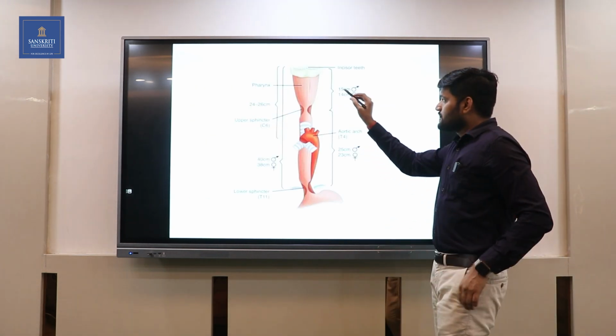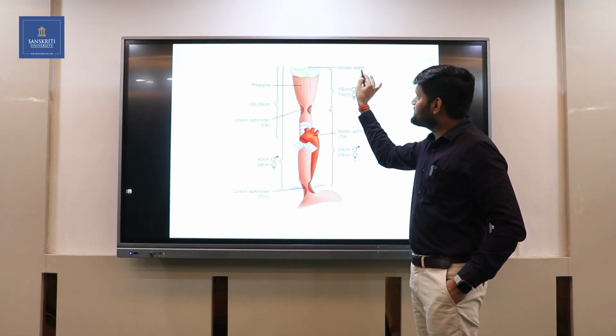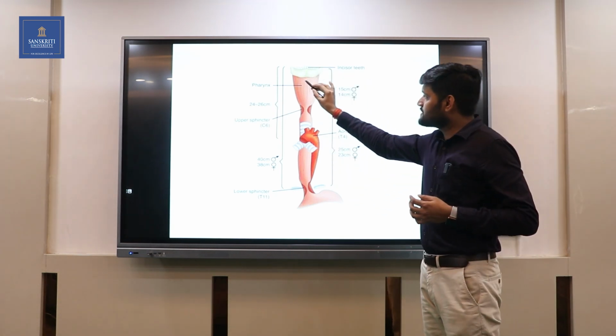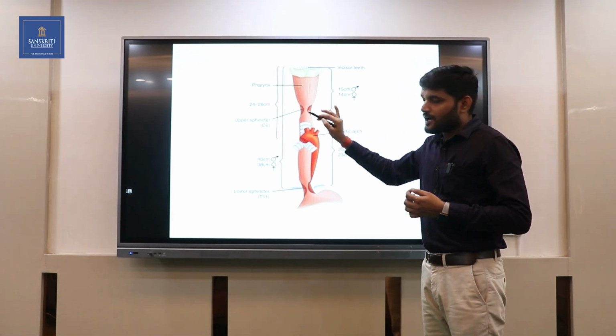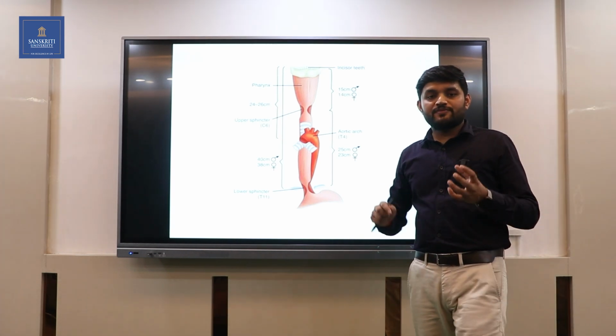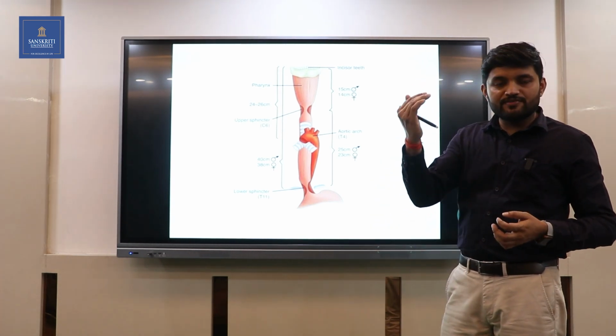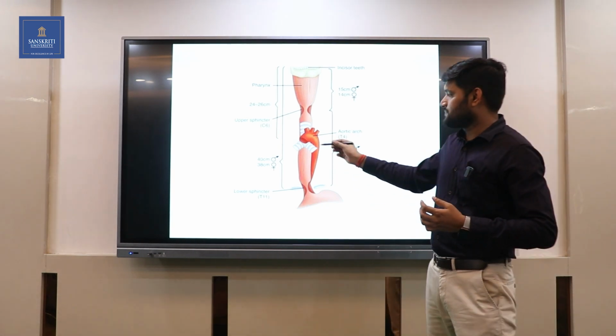Here you can see the esophagus structure. Here are the incisor teeth. After that, this portion is the pharynx. The esophagus has two sphincters, like valves.